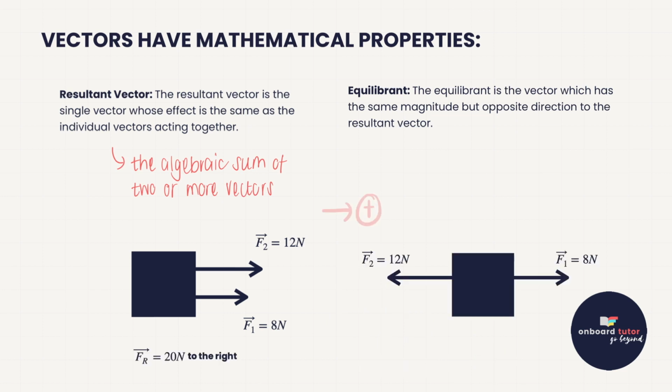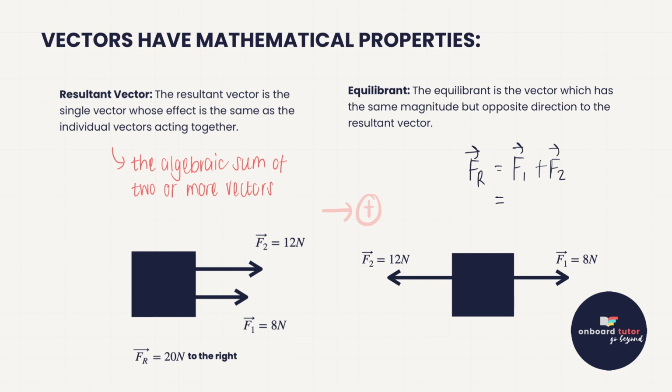But now let's look at a different scenario where we can actually see here that our second force of 12 newtons is now being applied in the opposite direction from what we chose as positive. So now our resultant vector will actually change. So if we were to set up our vector sum, it would look something like this.